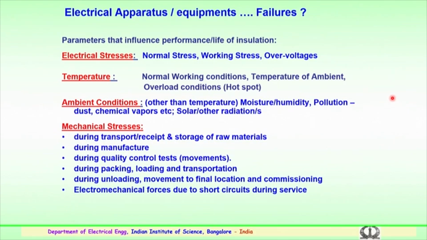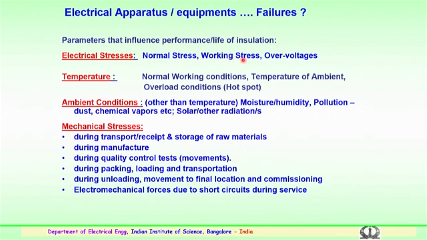These parameters could be the electrical stresses which the insulation sees continuously over the period it is being used. These electrical stresses could be the normal stresses, which the insulation operates under continuously, the working electrical stress.